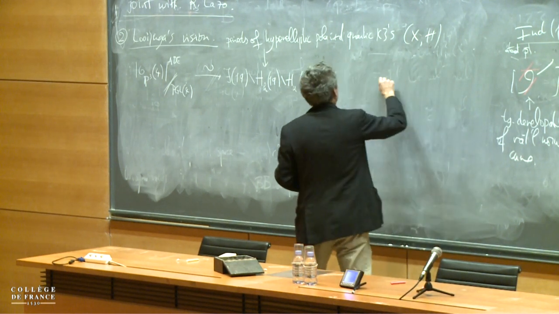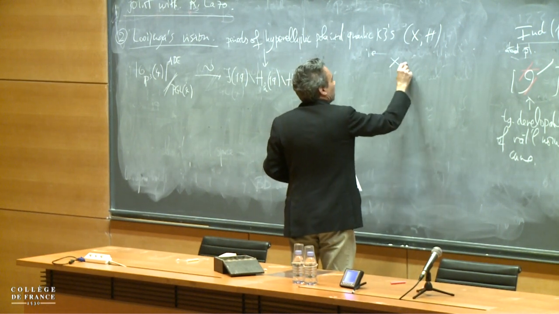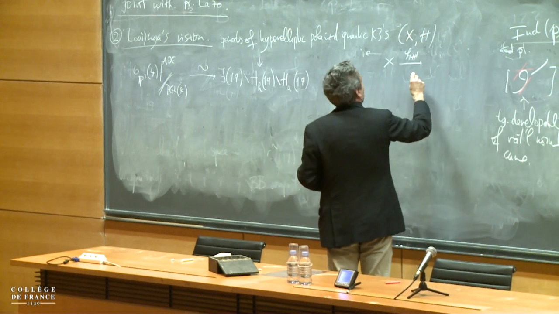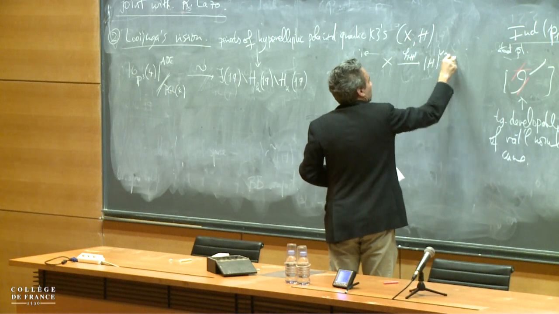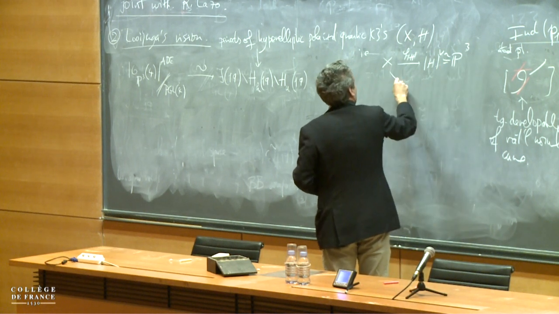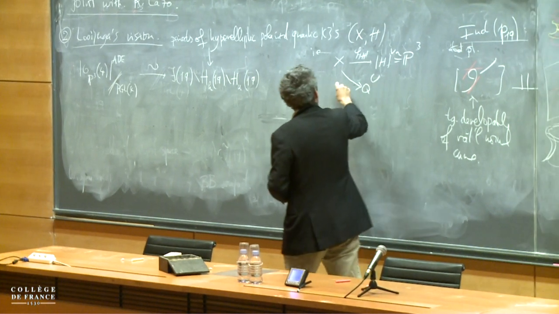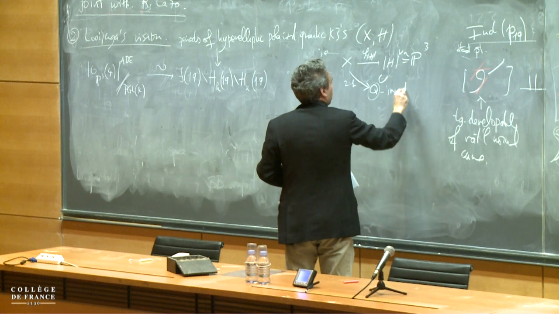So what that means is that this goes into a quadric, and this is 2 to 1 onto an irreducible quadric.